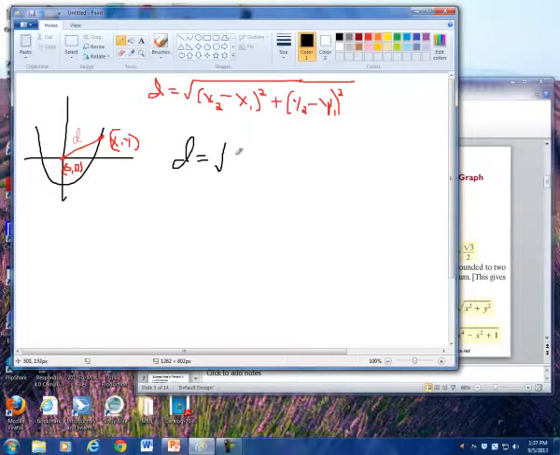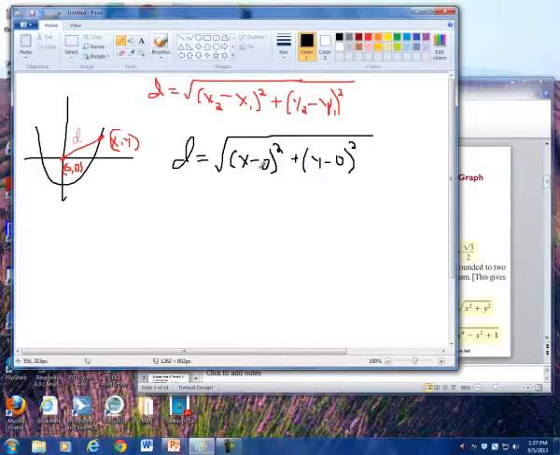Okay, so we're going to use x in for x2 minus 0, and then we're going to close that parentheses squared plus, and then we're going to put y in for y2 minus y1, which is 0, close that squared, and we're going to apply the square root all the way across that.